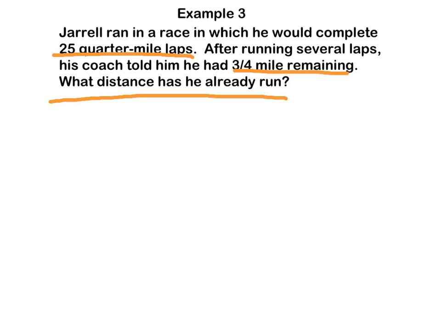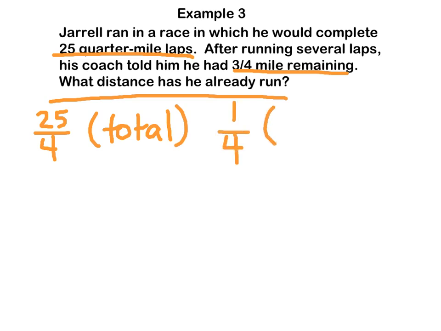Okay, so this is a subtraction problem. So we know that Jarrell has to run 25 quarter-mile laps. Okay, total. We can write 25 quarter-mile laps as 25/4 because what we're saying is 25 of 1/4. So this is 1/4. And Jarrell is running 25 quarters.